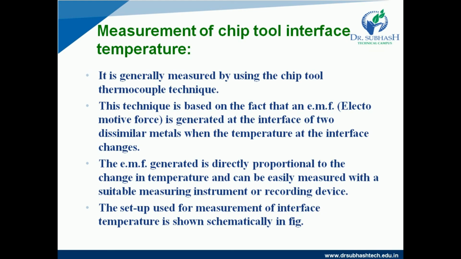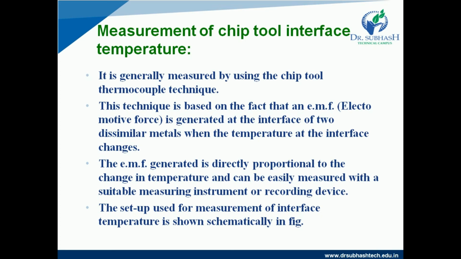The setup used for the measurement of interface temperature you can see in the figure. This is the schematic diagram of the measurement of the chip tool interface temperature, called the thermocouple technique. In that we are using the workpiece, tool, insulation, millivoltmeter, mercury cup and disc.